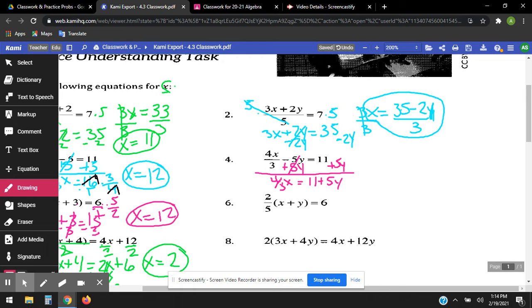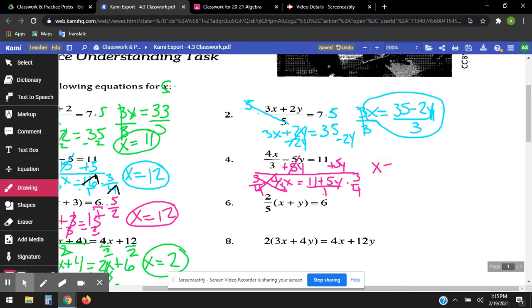Because it's a fraction, I could multiply by the reciprocal. Or I could do two separate steps. I like to be efficient with my time, so I'm going to multiply by the reciprocal. Those cancel, times 3/4. Now notice I have all of this over 1 to turn it into a fraction.